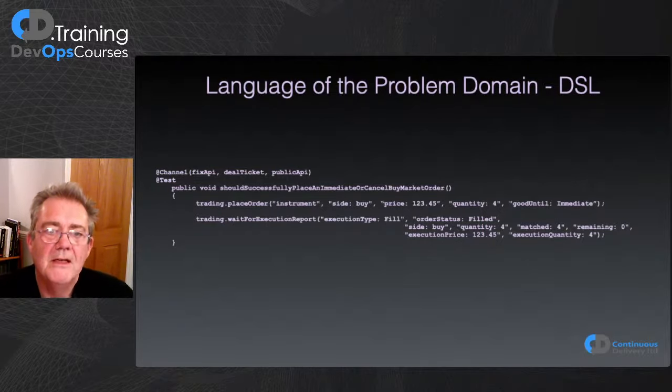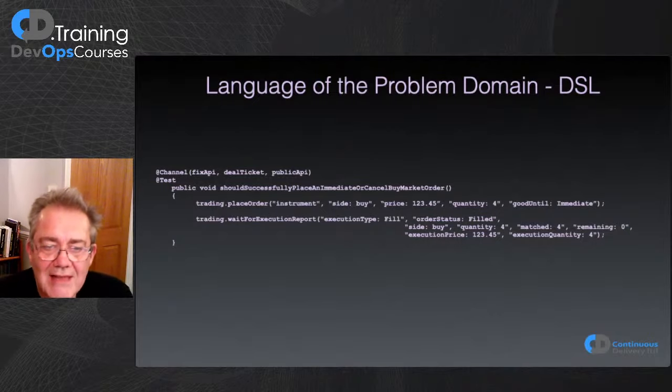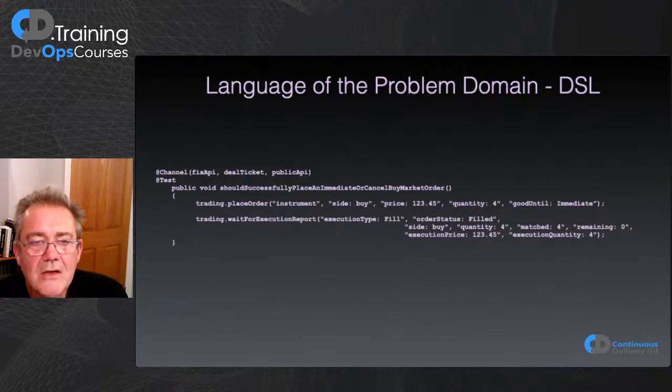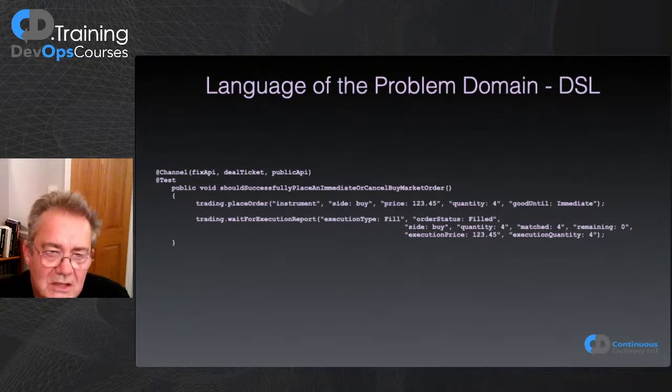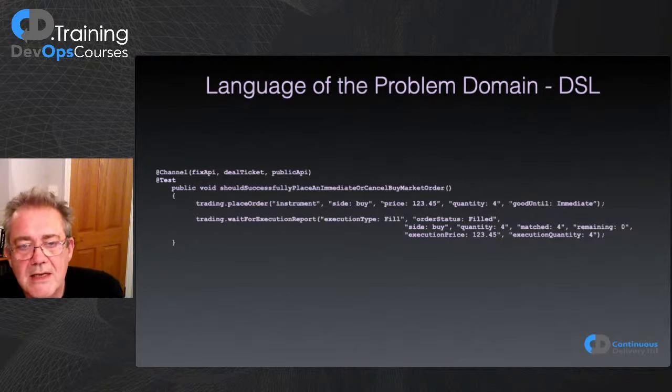The interesting part here from what we're talking about today is that channel annotation, though. That's the techie bit, that's the crossover. What that's saying is that this single test case could operate through the institutional trading API, which is what the FIX API was, the deal ticket, which was what we called our web application front end, so the web UI, or the public trading API that we supplied for anybody to write bots against our system with.